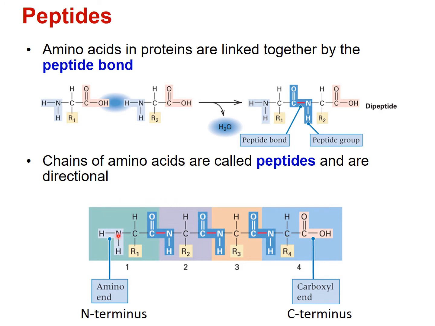On one end, the amino group from the first amino acid is intact. On the other end, the carboxyl group is intact. So these would be the amino terminus, or N terminus, and the carboxyl terminus, or C terminus. And so each polypeptide chain is directional, having an N terminus and a C terminus.